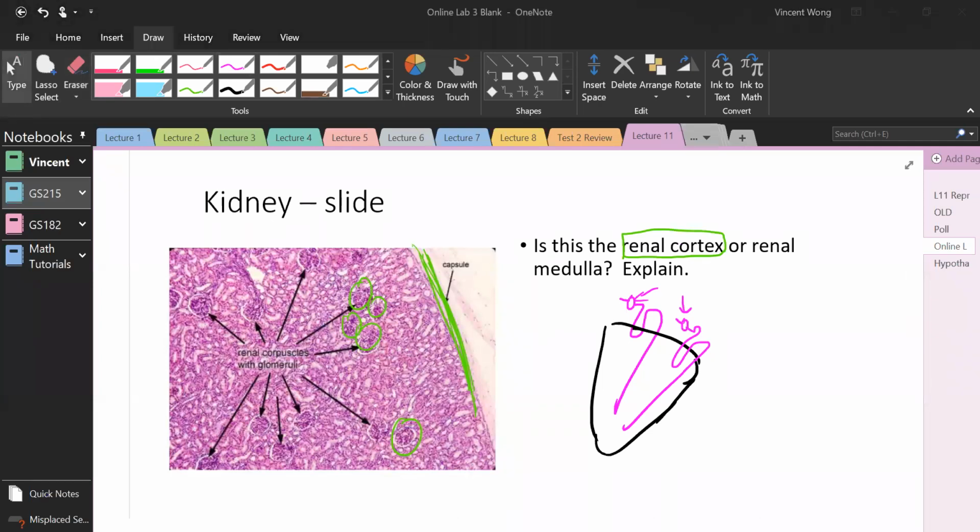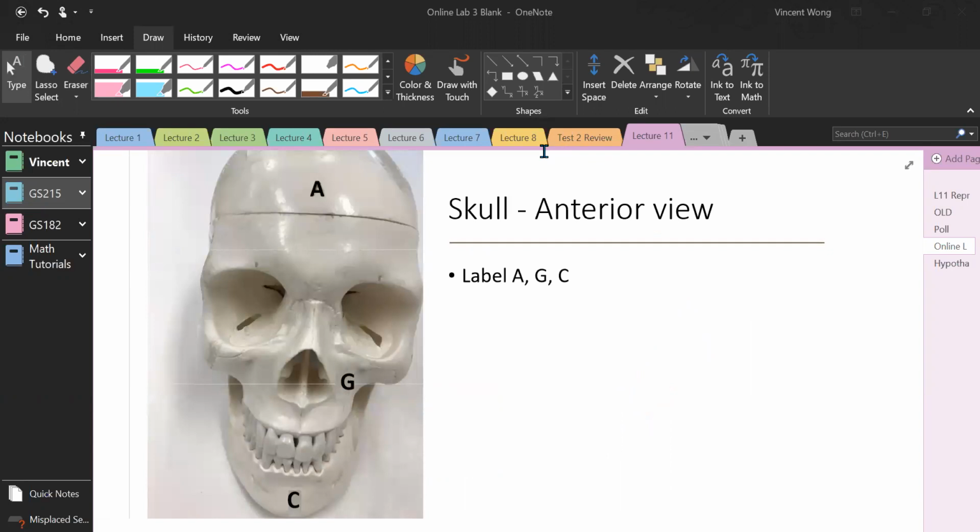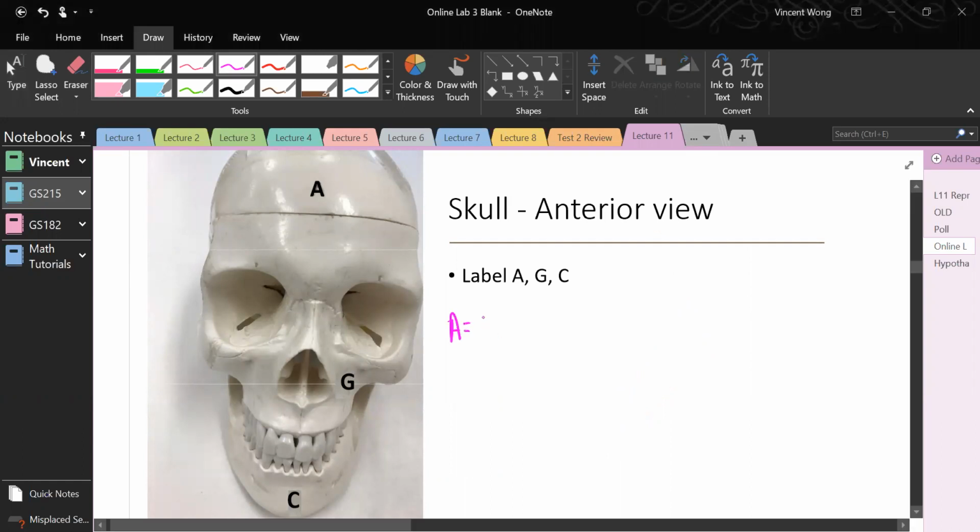All right, that is it for the kidneys. Next, we have our skull. A here is the frontal bone. G, that is the maxilla.